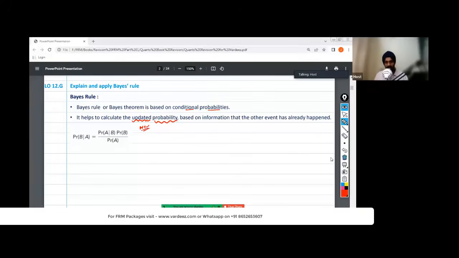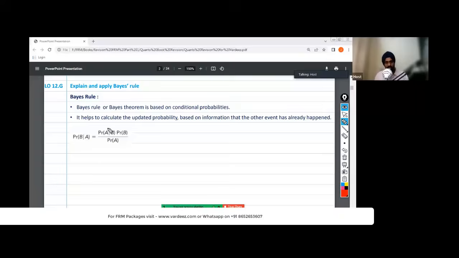And here we have the formula for that. It is the probability of event B given A has happened. We are given the information that A has already happened, so what is the probability of B now? What's the updated probability?